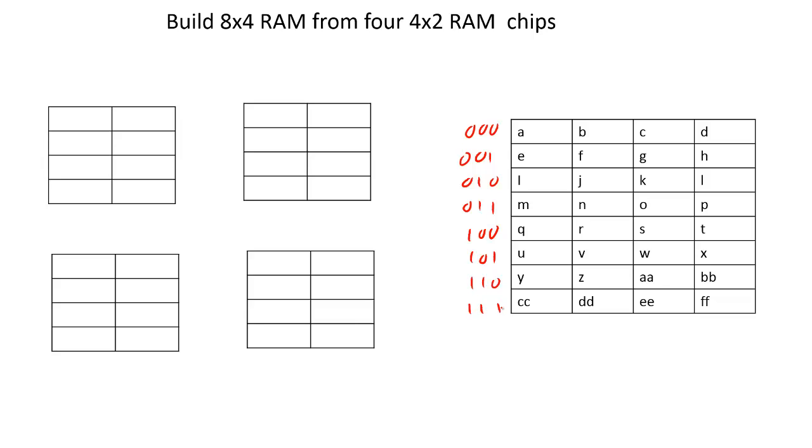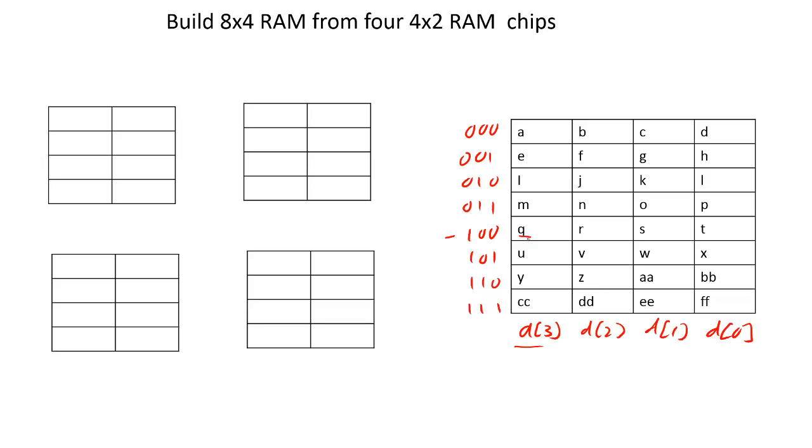Each data column is going to be a separate bit: this is the D3 bit, this is data 2, data 1, and data 0. So if I access, for example, address 4 and look at data bit 3, I'm going to get the letter Q.